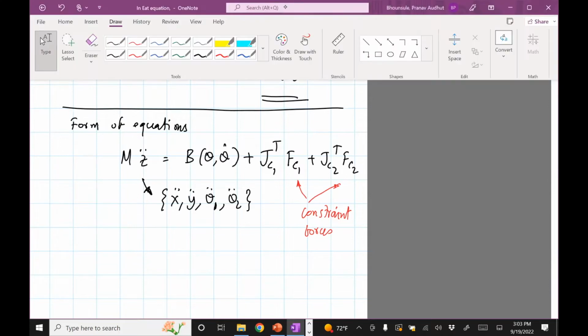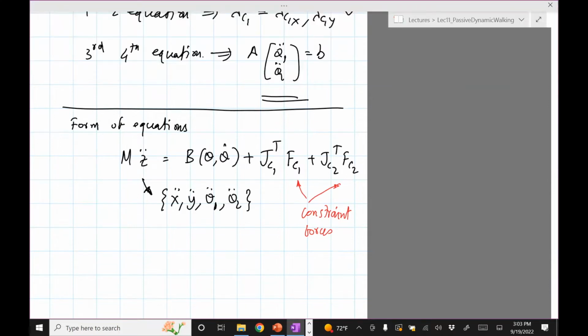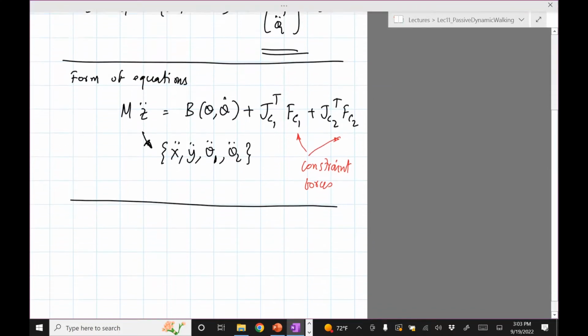I'll use these equations to derive the equations for footstrike.